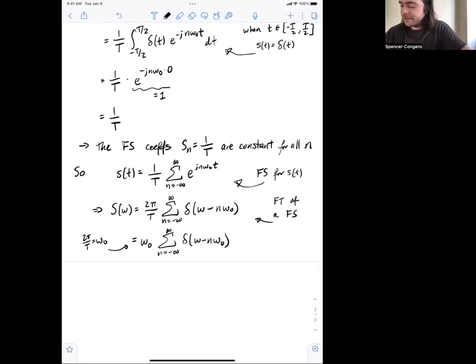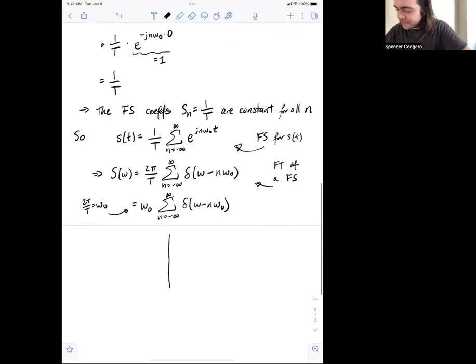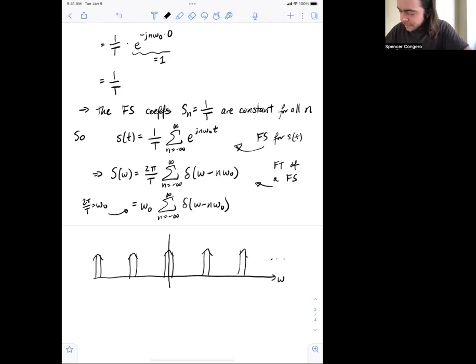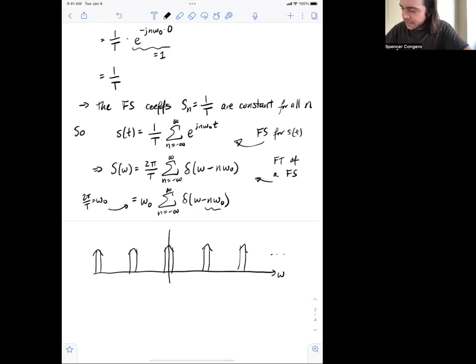And so what can we say about this? Well, maybe once I draw it, you'll see it more clearly, although you can definitely see it now already. So what do I get? I just get a bunch of these delta functions in frequency forever and ever. And what are they spaced out by? They're spaced out by integer multiples of omega naught.